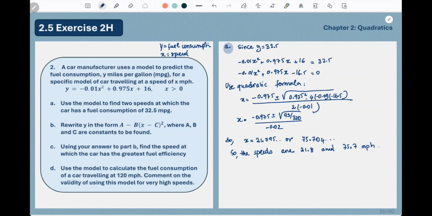Without knowing the values, if I complete the square, then the maximum point will be at C, where C is the speed, because it represents the X value, and the maximum Y, which is the maximum fuel efficiency, is going to be A.